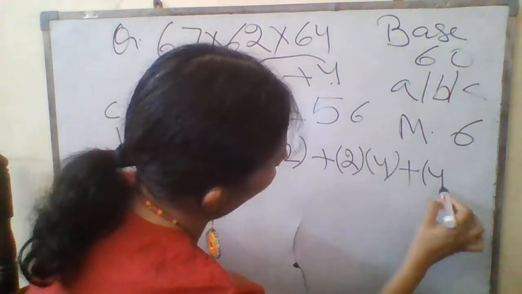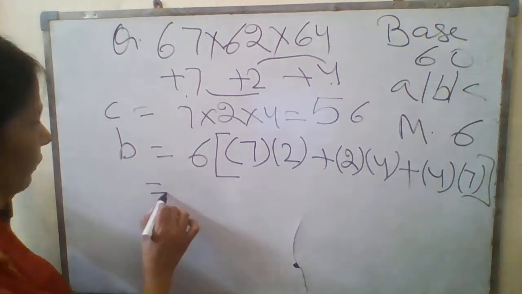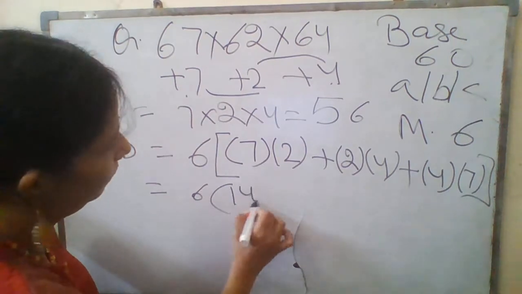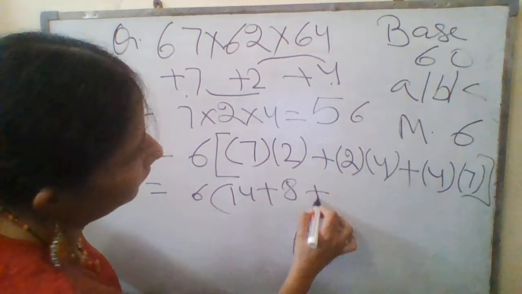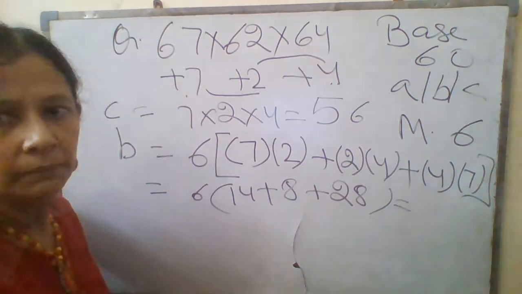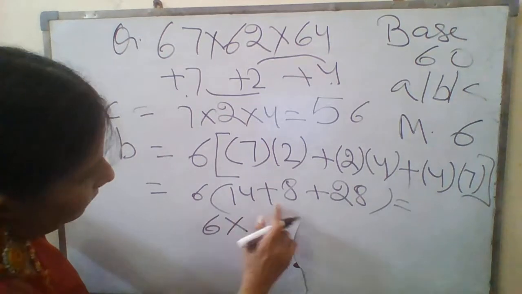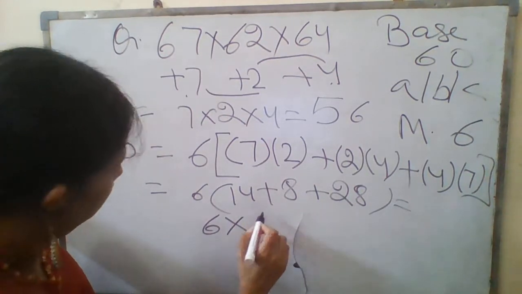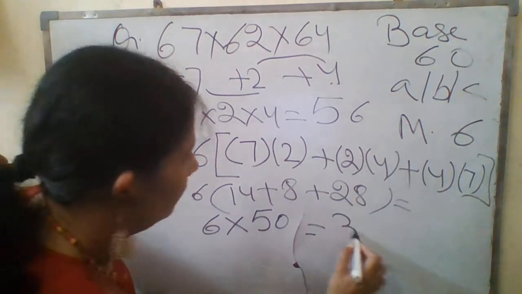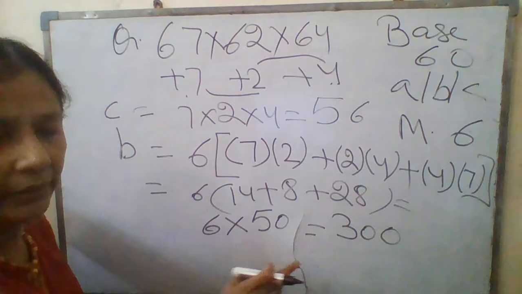Close the bracket. Now 7 twos are 14, plus 2 fours are 8, plus 7 fours are 28. So if you solve it out, you will get 6 multiplied by 50, which equals 300. So the value of B is 300.